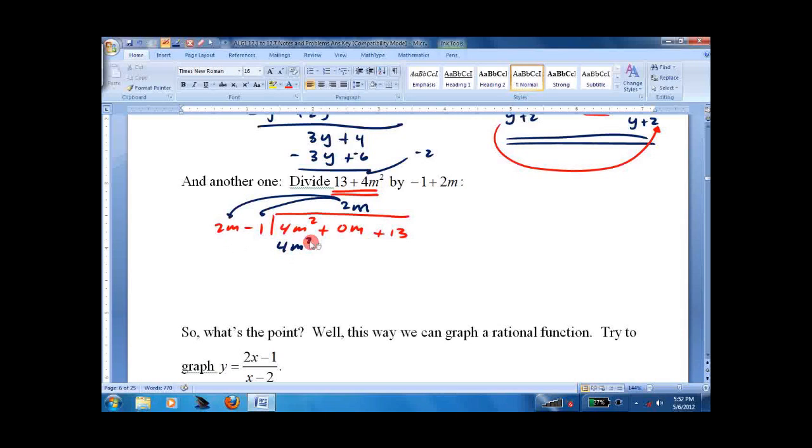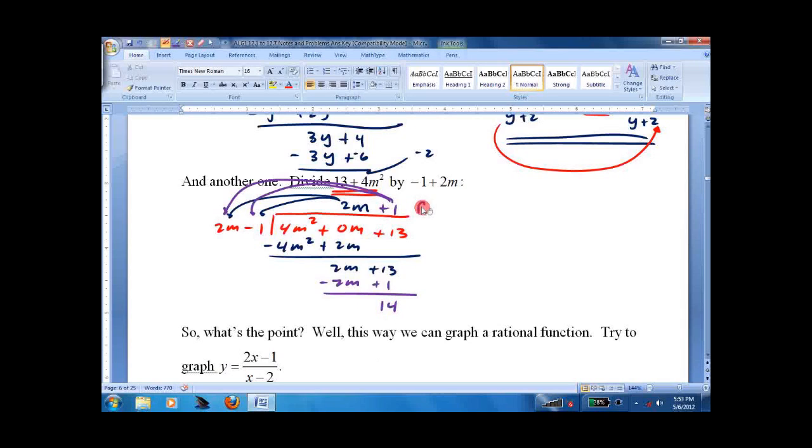4m squared minus 2m. Change the signs. 2m plus 13. All I need now is a 1. Well, let's check. 2m minus 1. Change the signs.